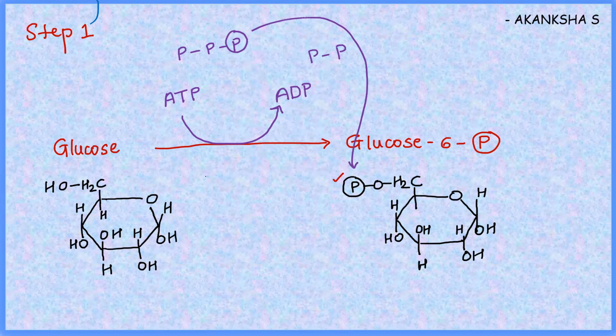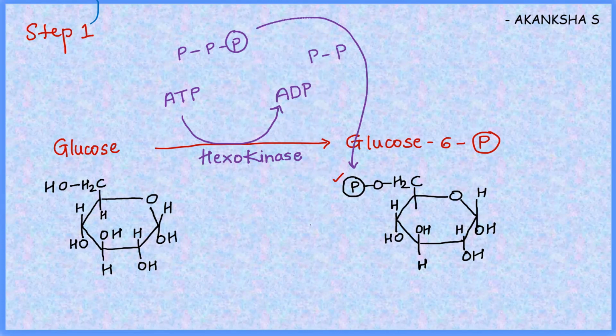This is happening in the presence of glucokinase or an enzyme called hexokinase. You need to remember the enzymes. You can find n number of mnemonics on Google. You can definitely go for it. So what have we done?